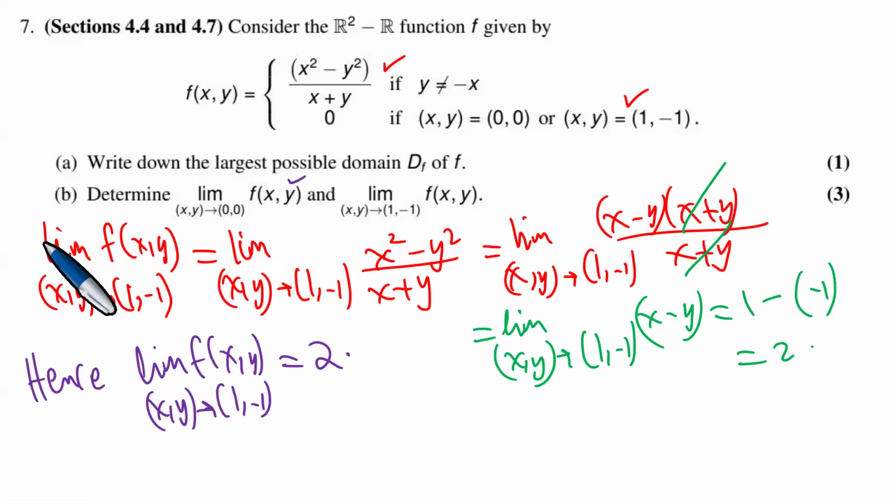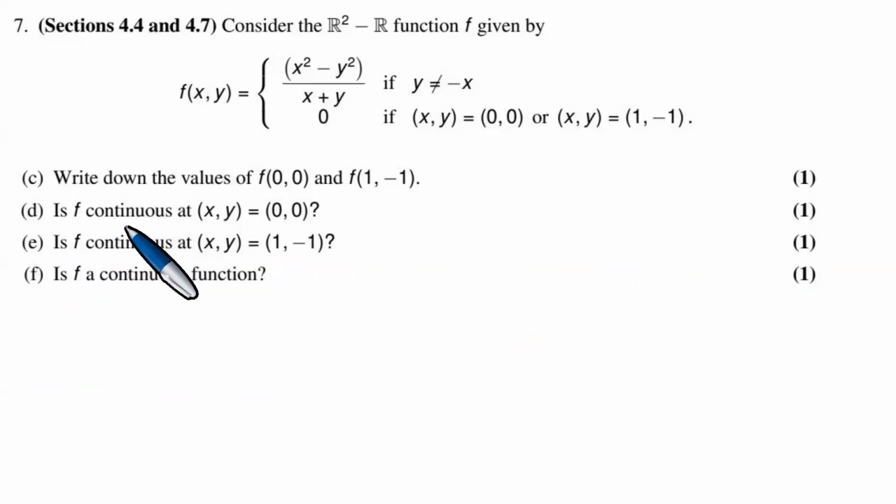Right, obviously we've done these up to the A and B parts. Now we're going to look at the other parts. So we're going to look at part C. Write down the values of the function at these points. If you look at 7C, we need to just evaluate the function at 0 and 0.